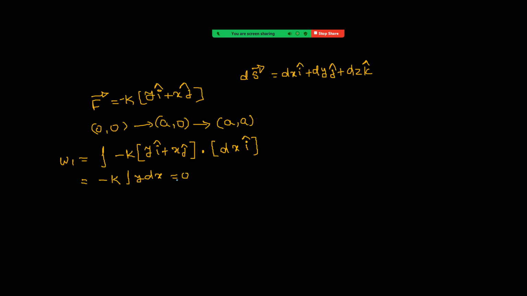That's why it is 0. So no work is done while moving along the x-axis. i cap dot i cap is 1 with y dx, and j cap dot i cap is 0. Now see, while taking the particle parallel to the y-axis, I will draw a diagram here to get more clarity.